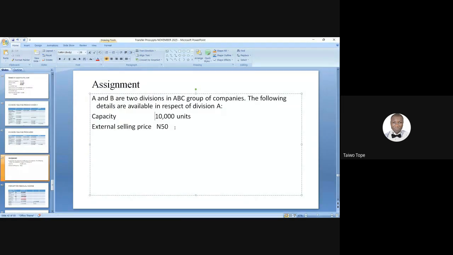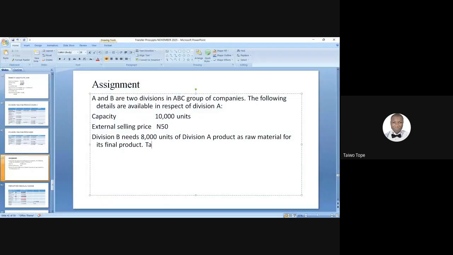Then let's say division B needs 8,000 units of division A's products as raw material for its final products.